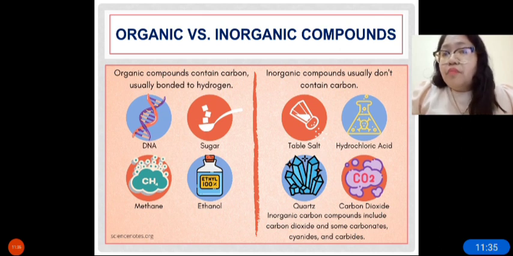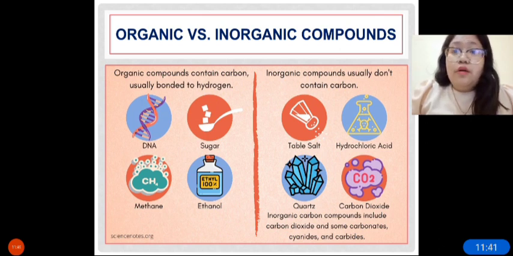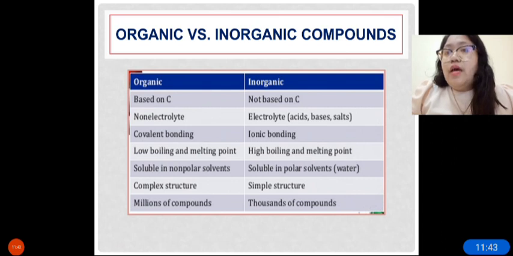Okay, they are considered inorganic because they do not come from living things, only they contain the carbon atom. Organic compounds are non-electrolytes while inorganic compounds are electrolytes. They could be an acid, they could be bases, or they could be salts.